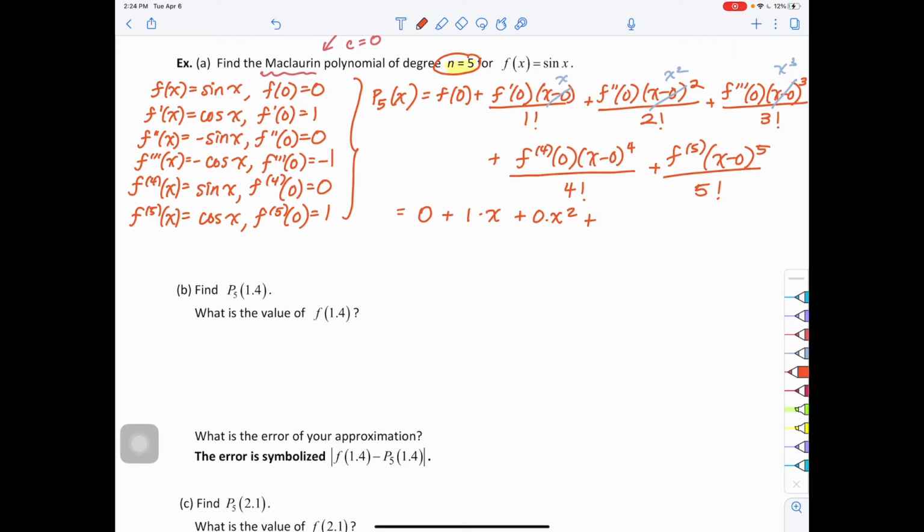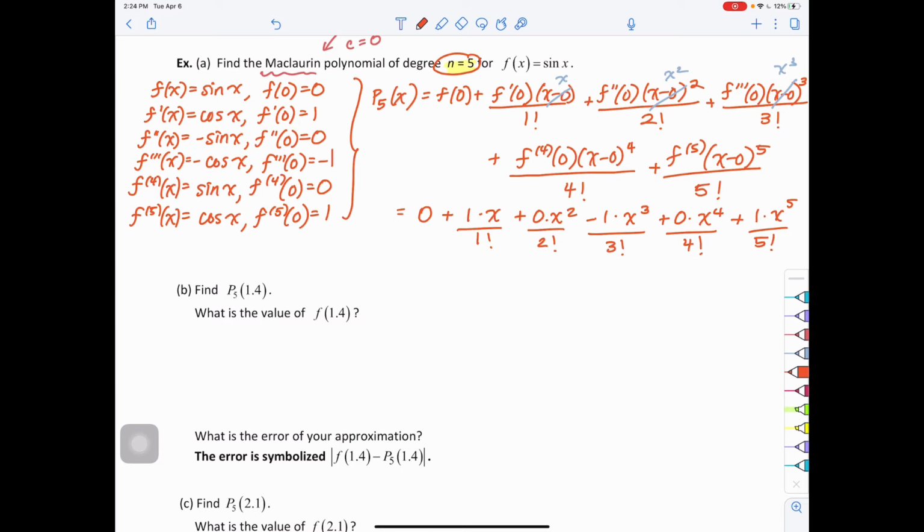Plus a negative 1, let's go ahead and write that as a minus, minus 1 times x cubed plus 0 times x to the fourth, and then plus 1 times x to the fifth. Now I did forget here, just writing those numerators out. This is 1 factorial, 2 factorial, 3 factorial, 4 factorial, 5 factorial.